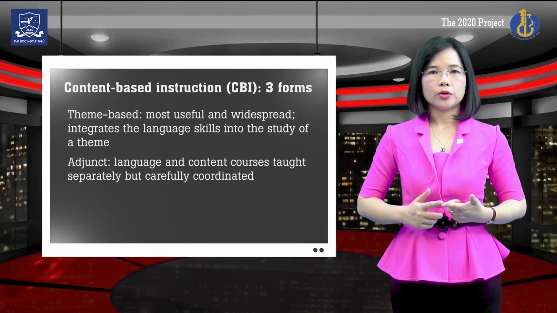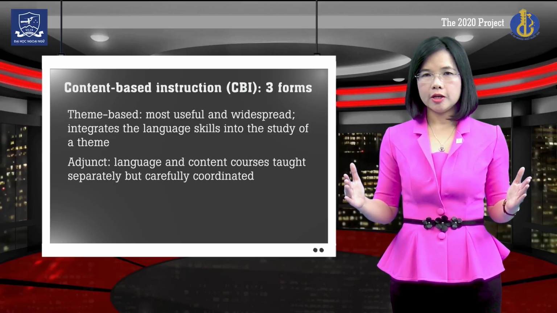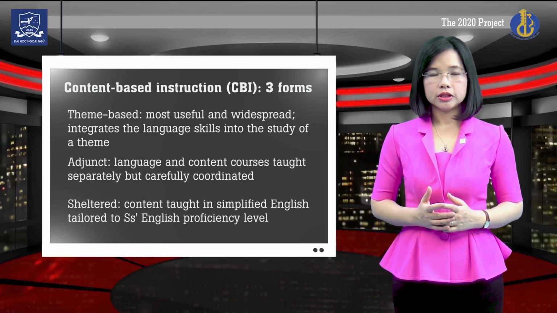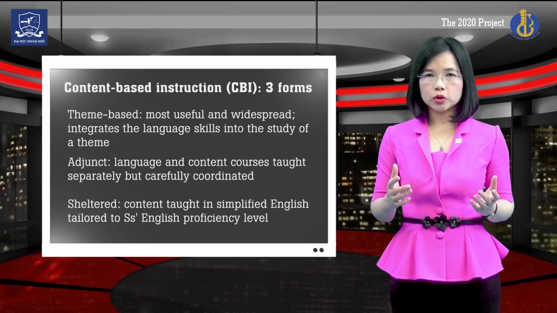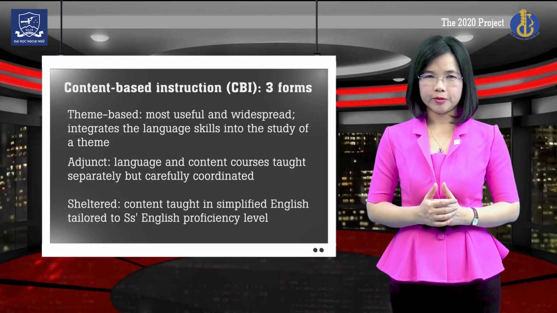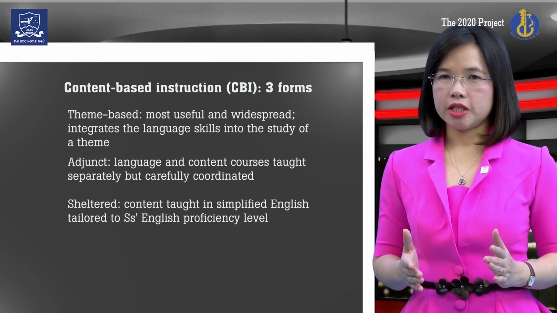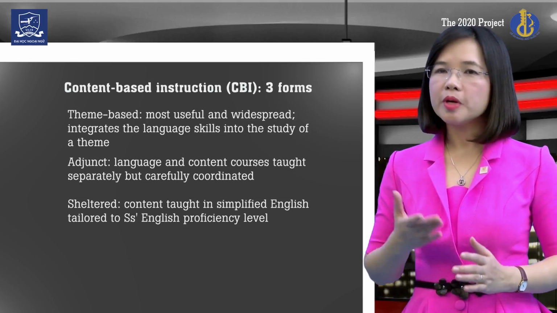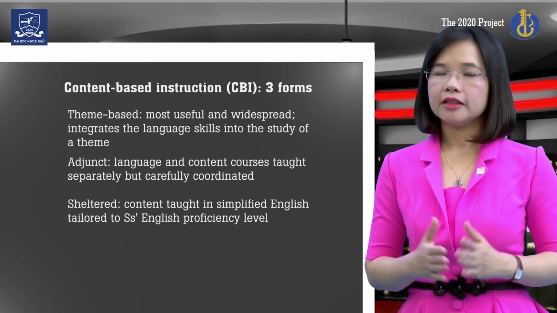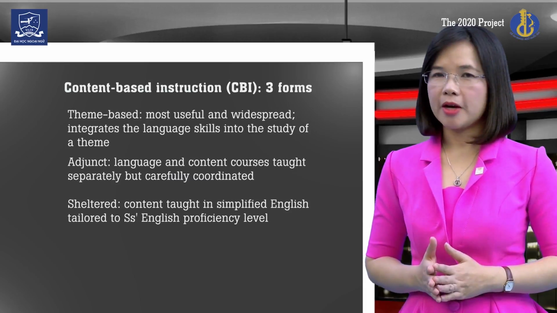In the adjunct model, language and content courses are taught separately but are carefully coordinated. In the sheltered model, the subject matter is taught in simplified English tailored to students' English proficiency level. Met 1999 put forward a content-based instruction continuum with total immersion and language classes with different use of content at the two ends. We will distinguish them in more detail in modules about CBI.